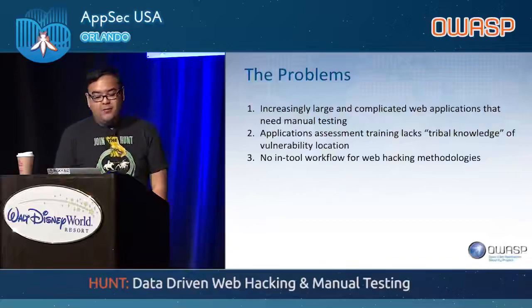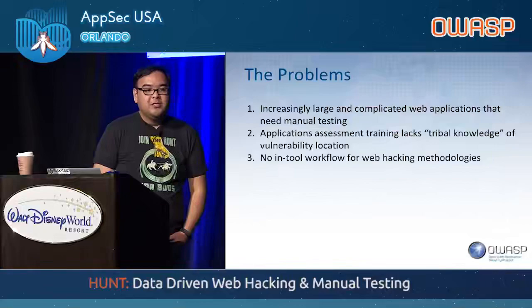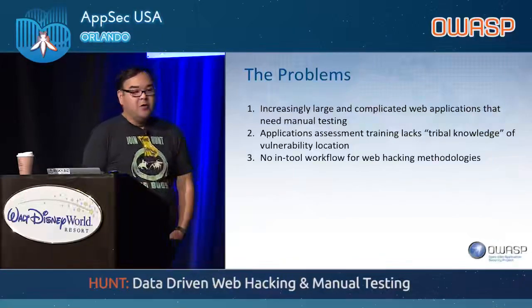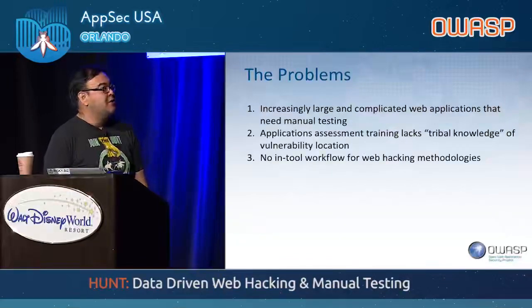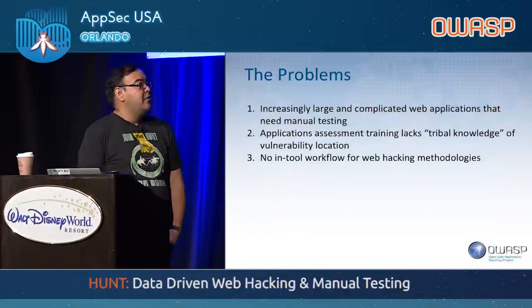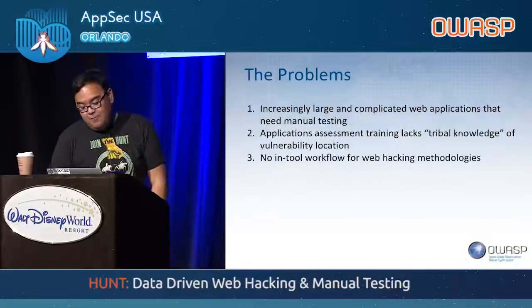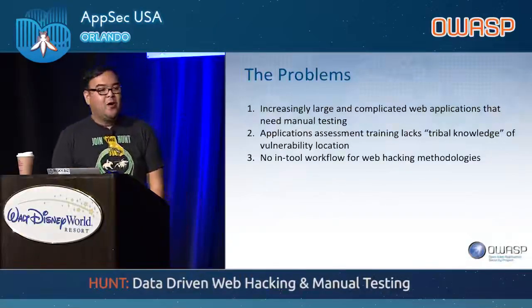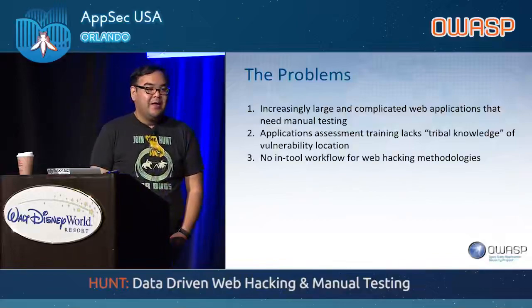So let's talk about the current problems we're facing in the web application space when it comes to manual testing. The first thing you'll notice with a lot of web applications these days is that there are increasingly large and complicated web applications that need manual testing. What am I talking about? If you go on websites like Amazon or any of those big e-commerce websites, you'll know that they're huge.